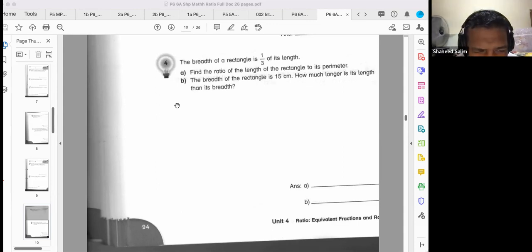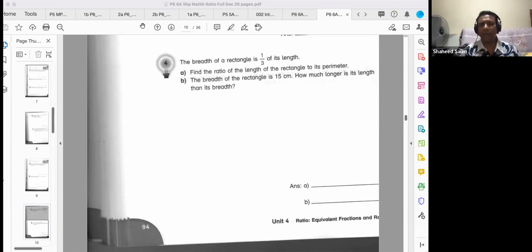Find the perimeter. Then you type your answer inside. My suggestion to those who are doing this question is to draw.